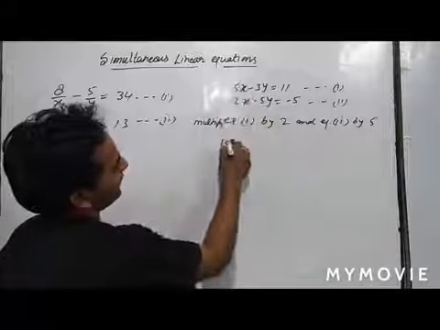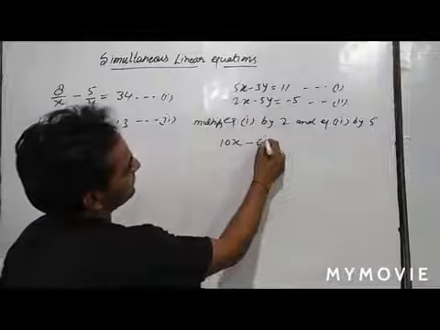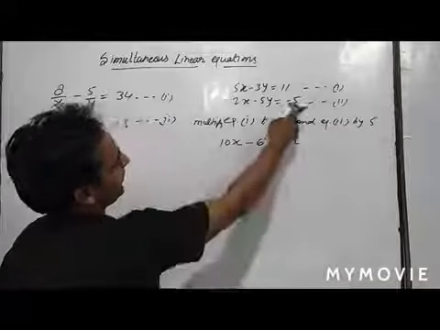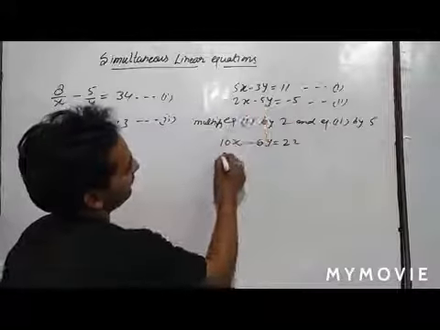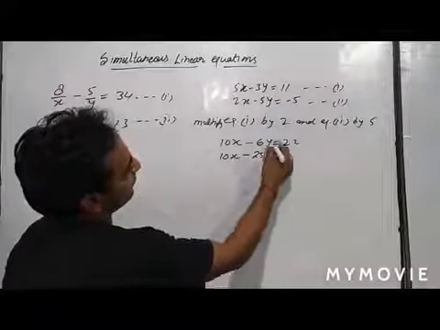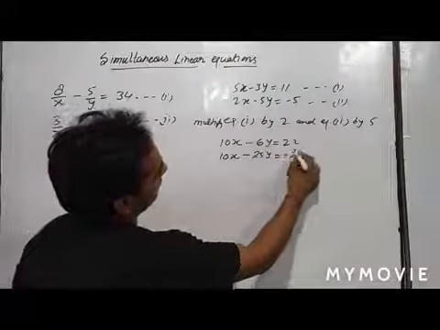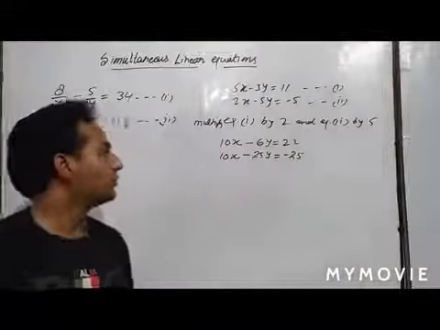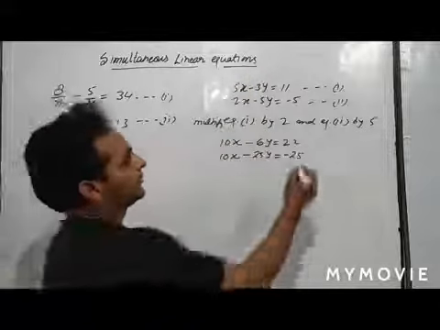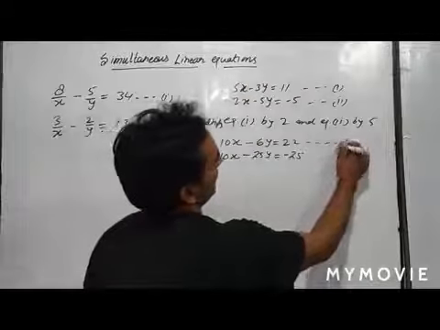So 2 5s are 10x, 2 3s are 6y, and 2 11s are 22. And this one we have to multiply by 5. 5 2s are 10x, 5 5s are 25y, and 5 5s are 25 in minus. Now we have two new equations on the basis of 1 and 2. These two will be 3 and 4.